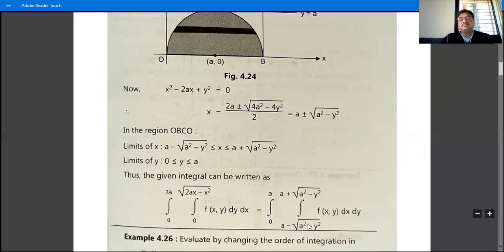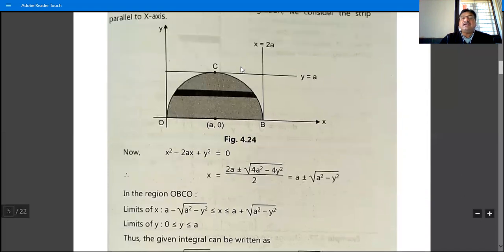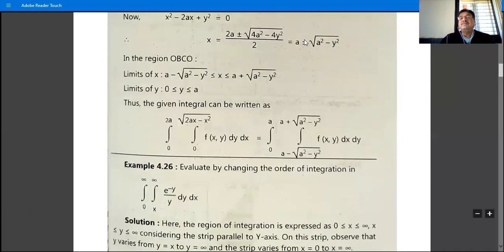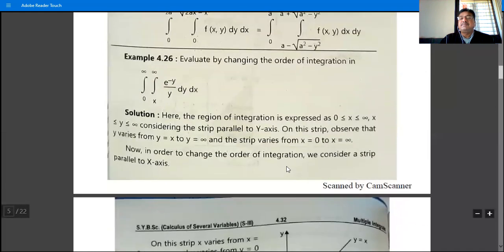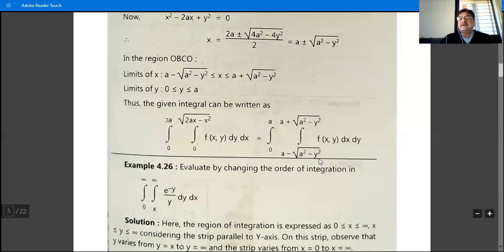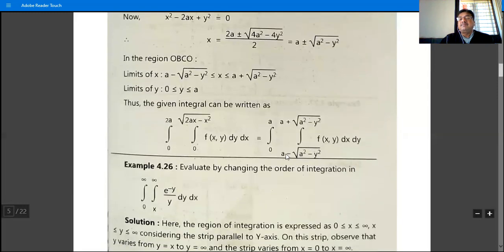The strip's one end touches the curve x square minus 2ax plus y square, the equation of the circle, and the other end also touches the same circle. So we find the two values of x from this equation, and write one value as the lower limit and one value as the upper limit. So the two values of x are a minus root a square minus y square, and a plus root a square minus y square, the lower limit and upper limit of x.